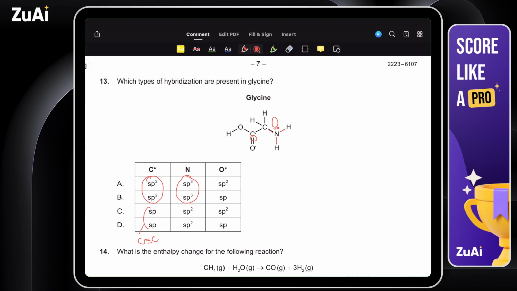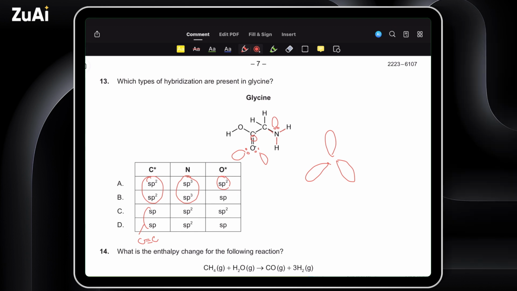For the oxygen, since oxygen has the double bond, a pi bond, it has a lone pair and 3 electron groups, and there is a pi bond, so that's why sp2 hybridization. So we can say A is the answer.